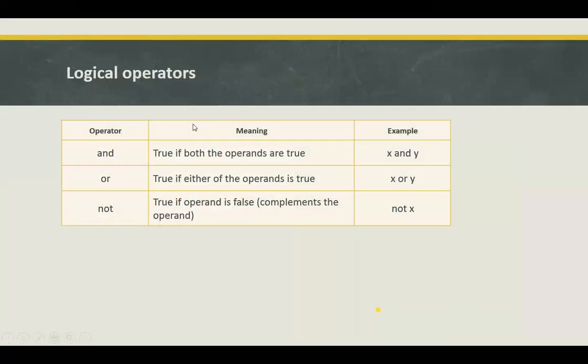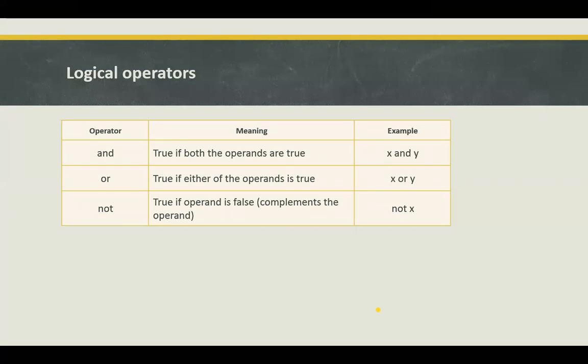The next one is logical operators: and, or, and not. Here you have to understand the difference. Logical and means what? True if both the operands are true. Only if both the operands are true will this and operator show you true.